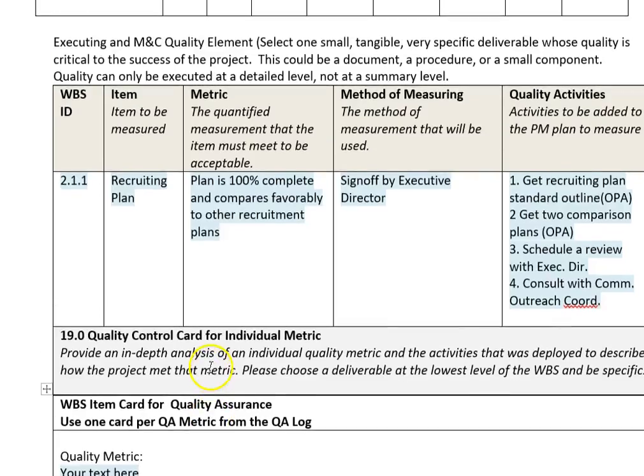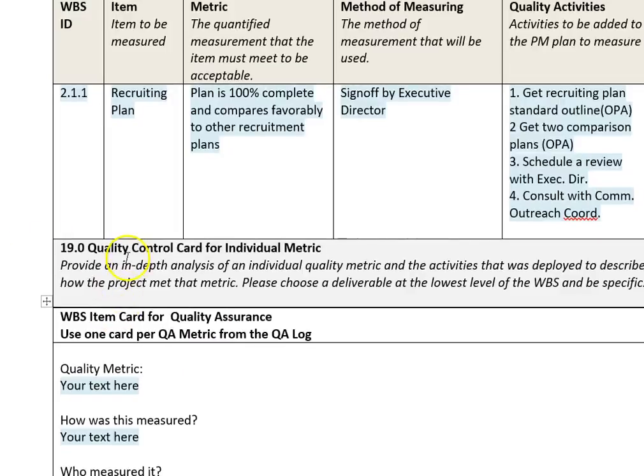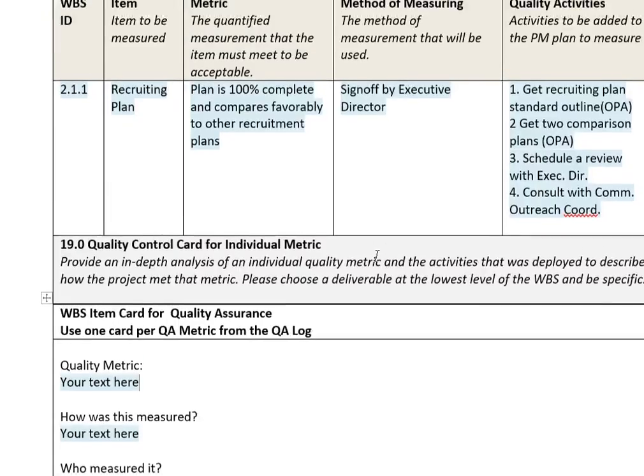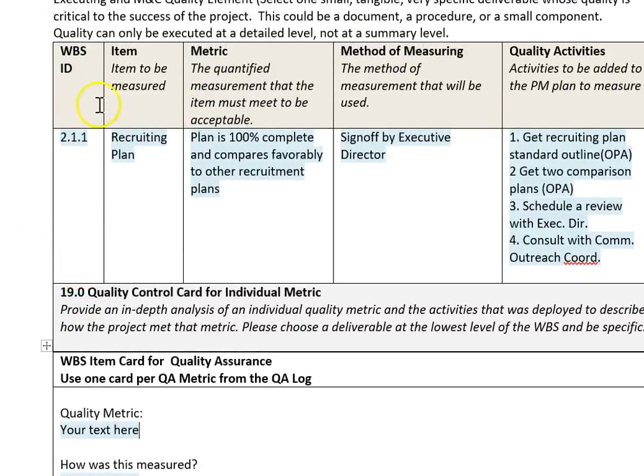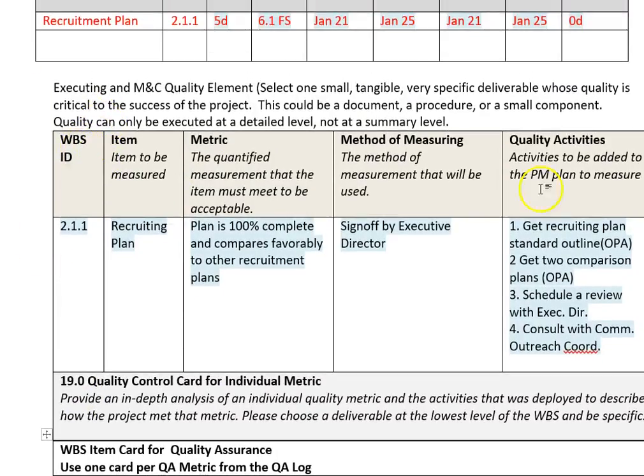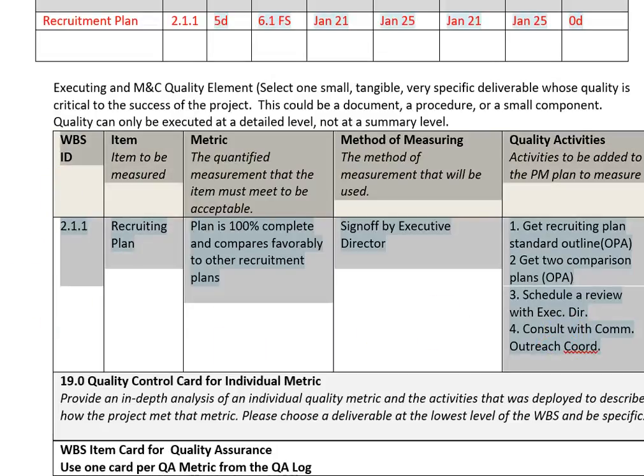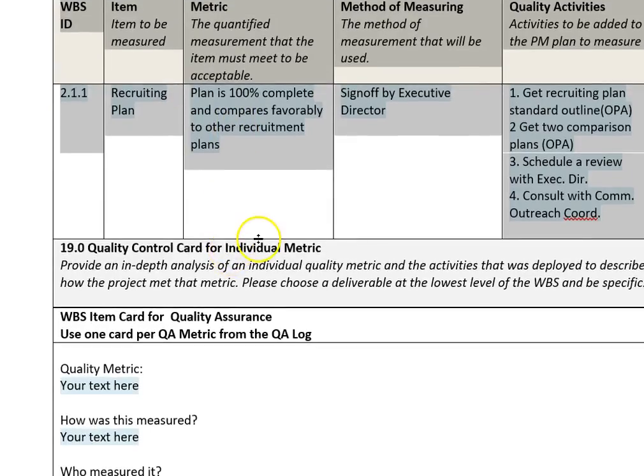Let me show you how I work on things. For example, the quality control card for an individual metric. The first thing that I do is go up to the planning for an individual metric and grab that information and paste it in right here, because it won't hurt anybody to have it, and it will certainly help.